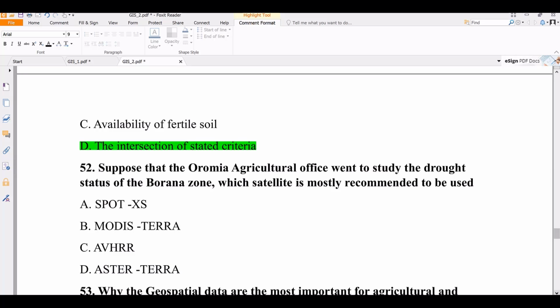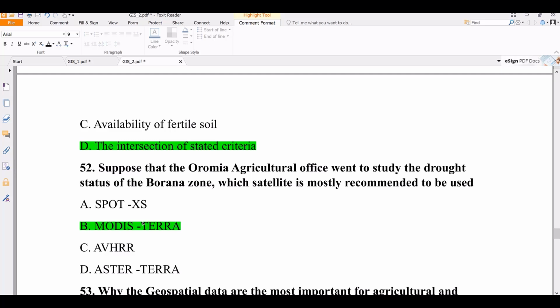Okay, great. Question number 52. Suppose the Oromia Agricultural Office wants to study the drought status of Borana zone. Which satellite is mostly recommended to be used? SPOT, MODIS Terra, AVHRR, ASTER Terra. So the answer is MODIS Terra, because the temporal resolution, that means the revisit time, is very short.